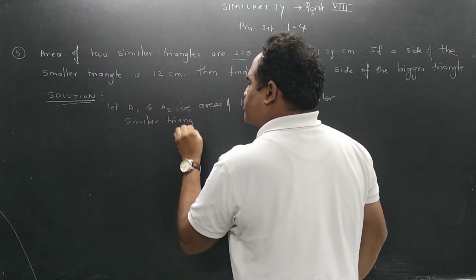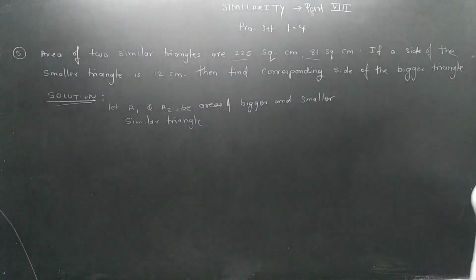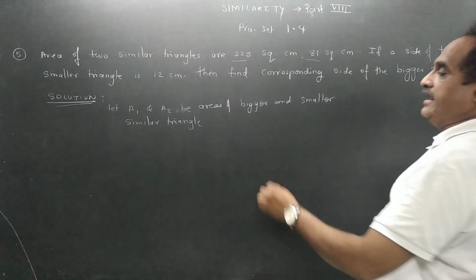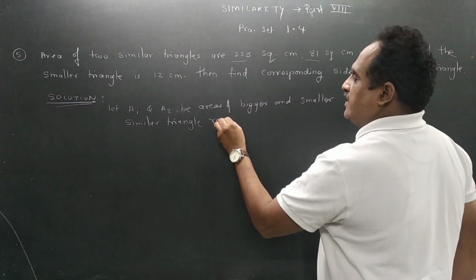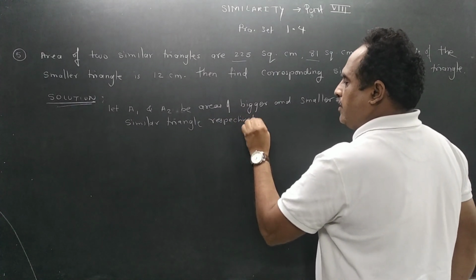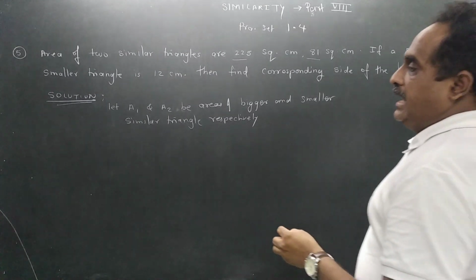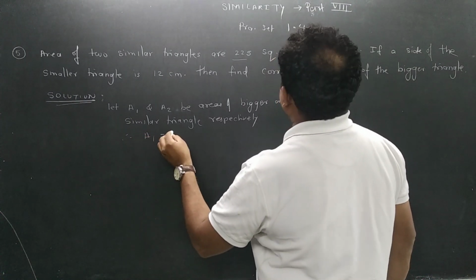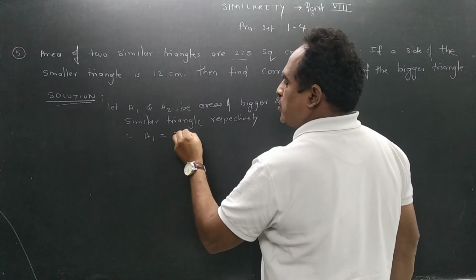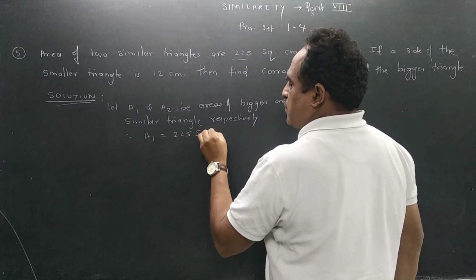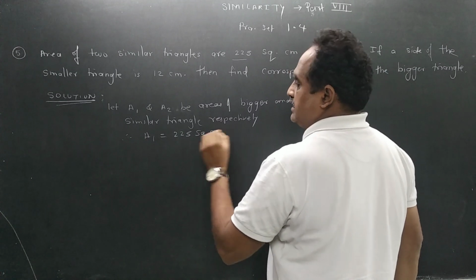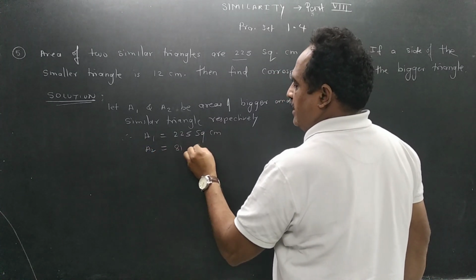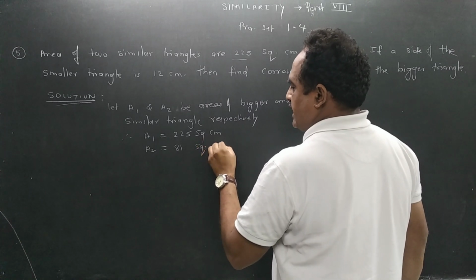They have mentioned it is similar triangles, but I have mentioned again bigger and smaller similar triangles. And they have given the values. So we are going to write therefore A1 is equal to 225 square centimeter and A2 is equal to 81 square centimeter.